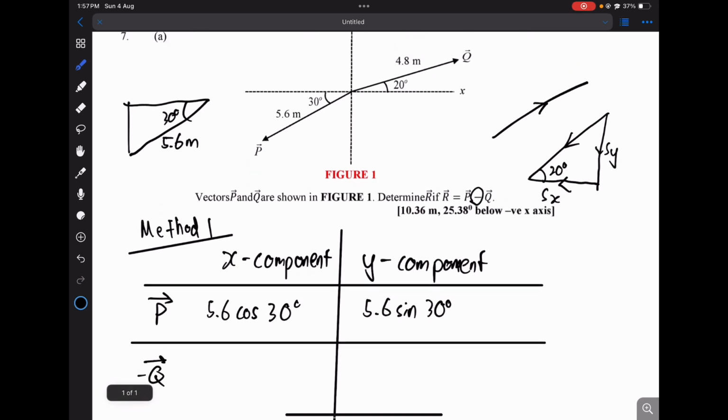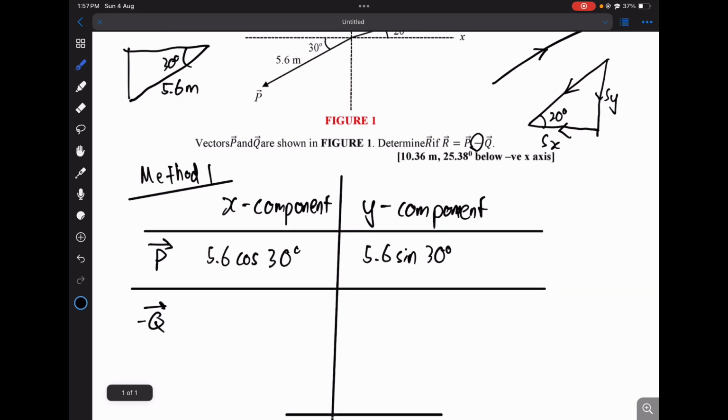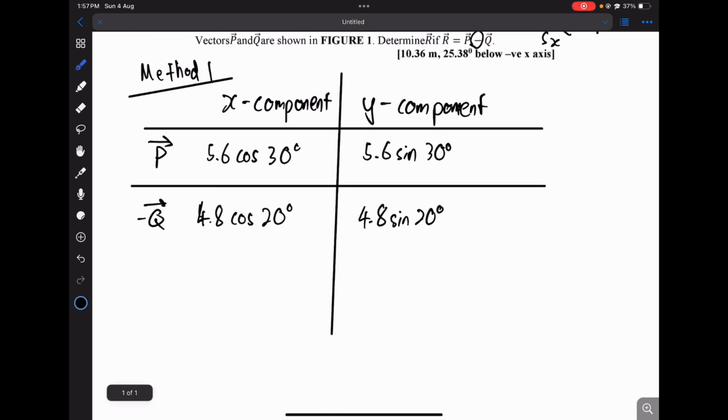So now, negative vector Q. The x component for negative vector Q is 4.8 cos 20 degrees, and the y component is 4.8 sine 20. Okay, now we have both x and y components.